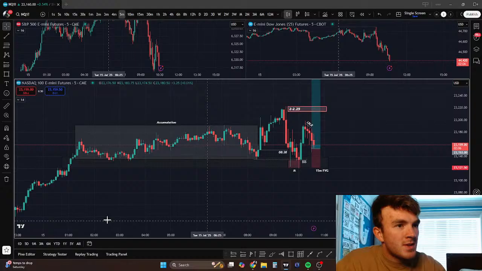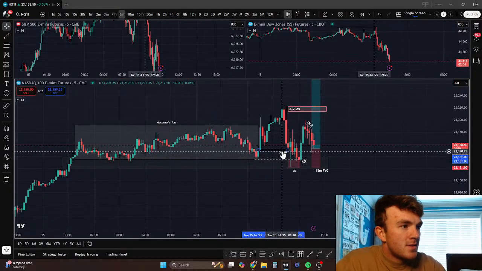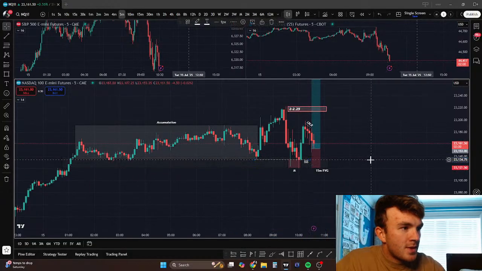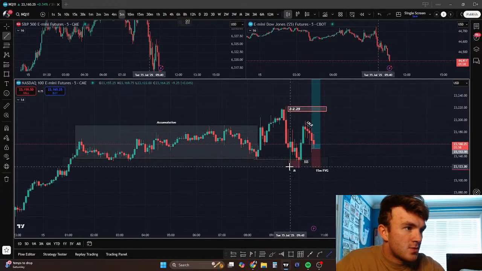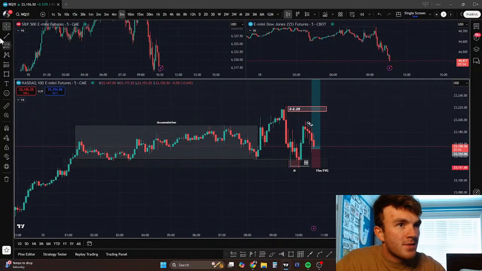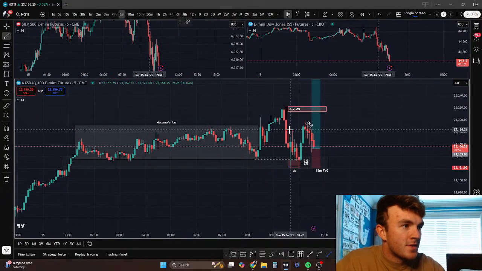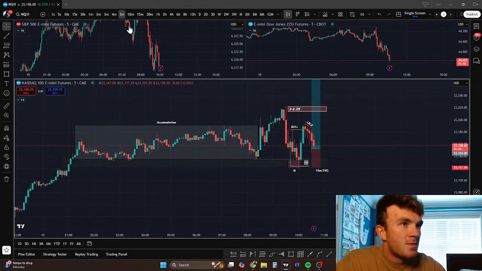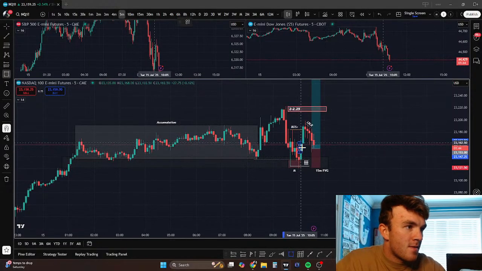You guys see this? You guys see the sweep here? Sweep, break of structure. This is really obvious. Break of structure, and then we have this 5 minute gap in discount.